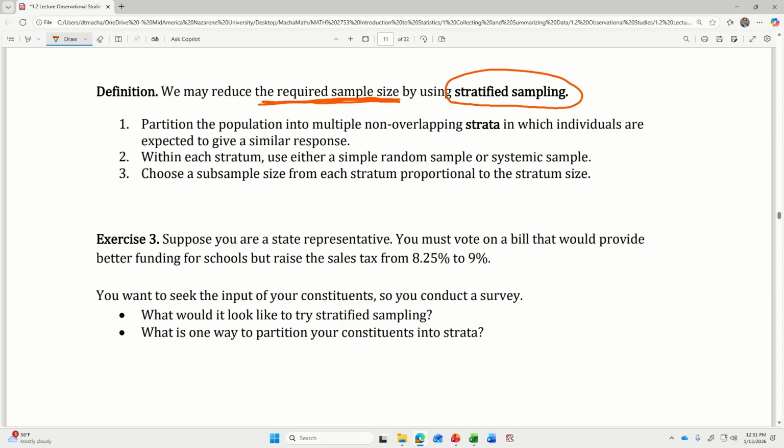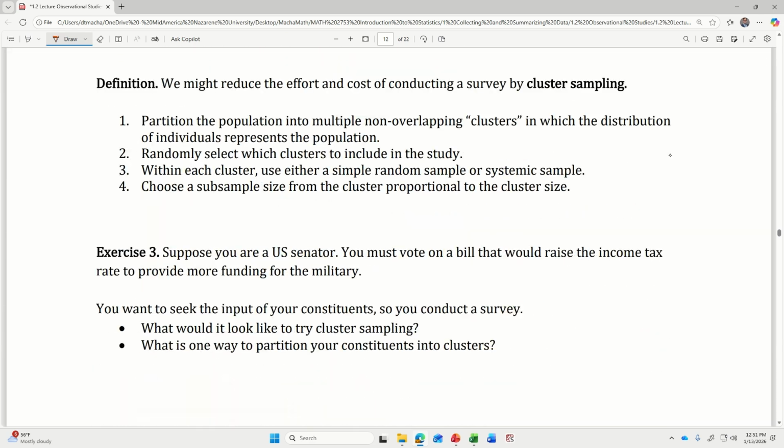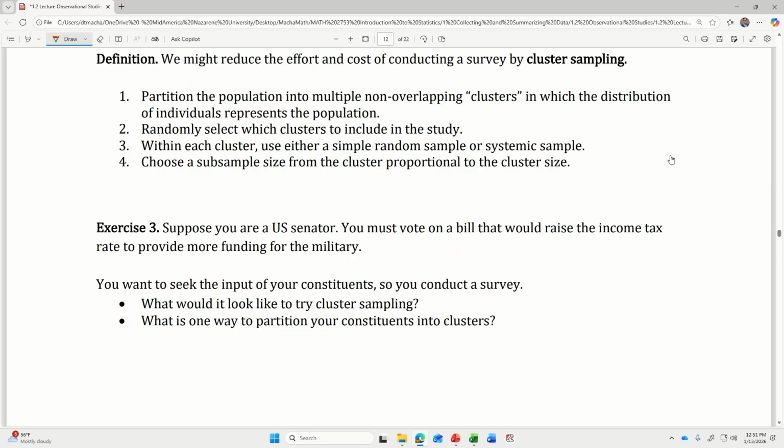Maybe a simple random sample would be effective if my sample size was 1,000. If I switch to a stratified sampling method, I can reduce my sample size down to like 100, right? Because I have more confidence that the opinions are well represented. So that's a way to reduce sample size. And by reducing the sample size, that's how I reduce cost.